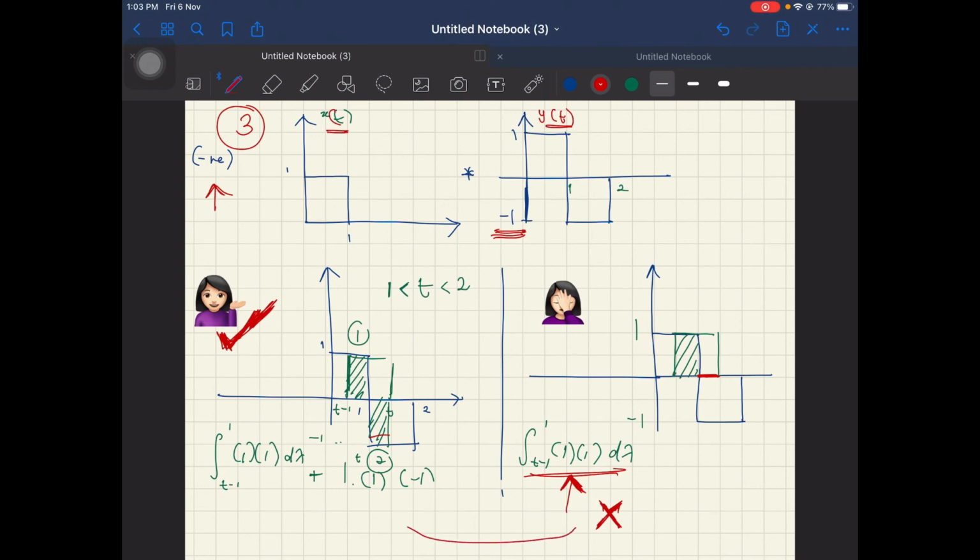So you still have to integrate the signal by putting the amplitudes of the signals, 1, that's why I put 1 here, from the moving signal, which is the green one, and -1 from the original signal, which is here.